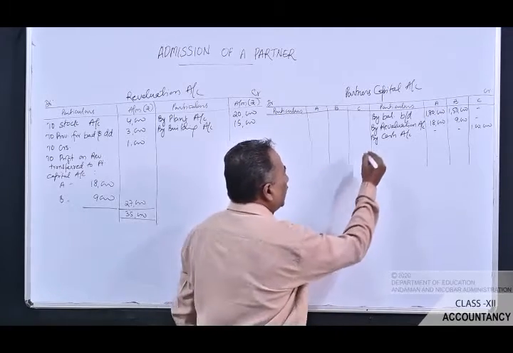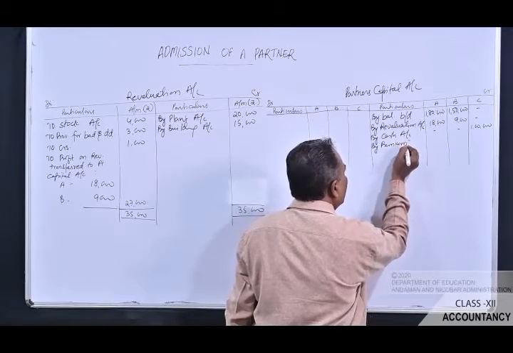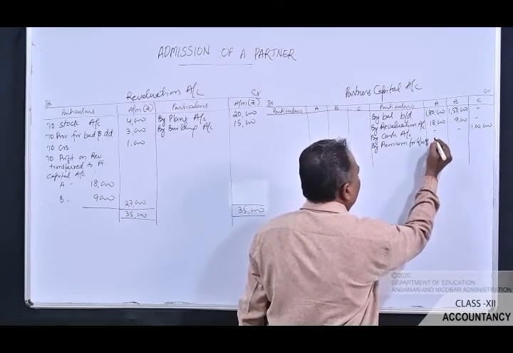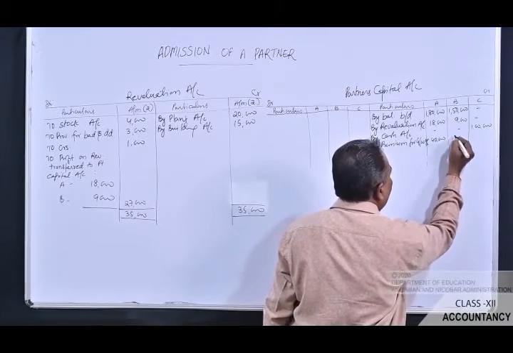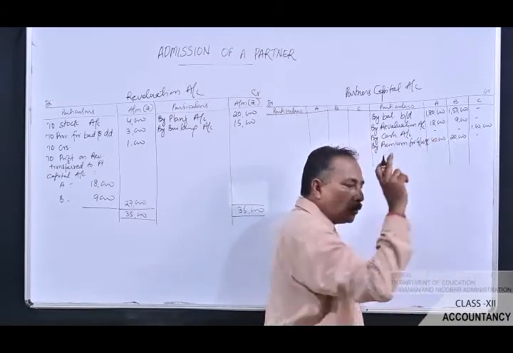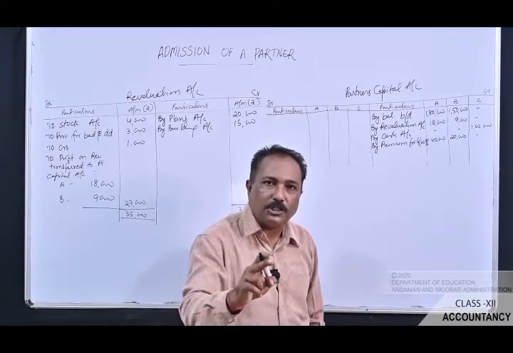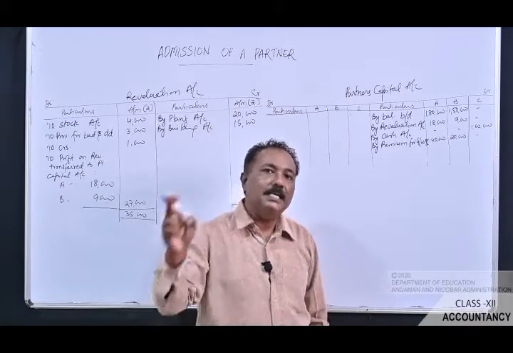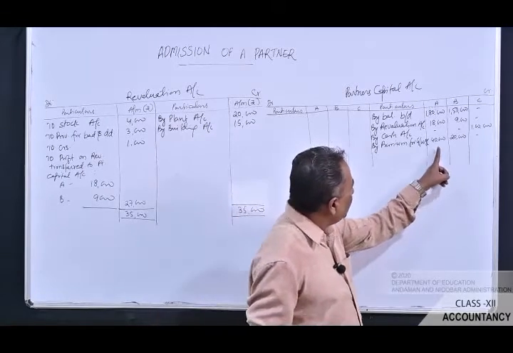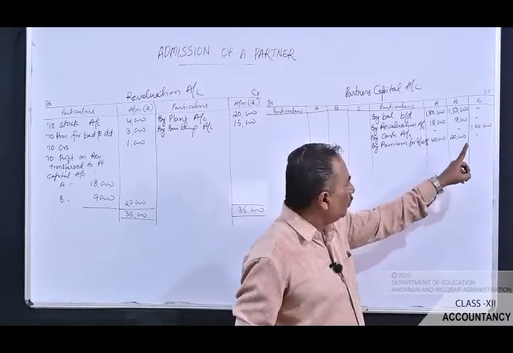So you have to record it on the credit side as by premium for goodwill account. A will get rupees 40,000 and B gets rupees 20,000. The total amount of premium for goodwill was rupees 60,000 and that was distributed among the sacrificing partners in their sacrificing ratio, which was 2:1. So 60,000 was distributed as rupees 40,000 to A and rupees 20,000 to B.